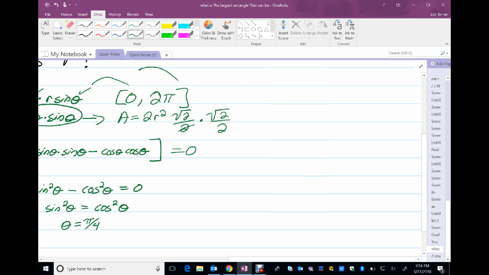These reduce out, leaving me 1 on bottom. Square root of 2 times the square root of 2 is 2, and those two reduce out. My area becomes r squared.